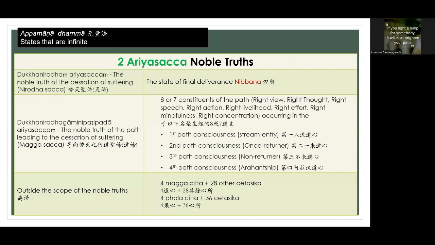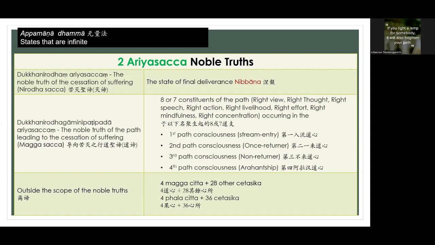So, under Magga sacca, we get the 8 or 7 constituents of the path that occur in the first to fourth path consciousness. So the 8 or 7 path factors that occur together with the 4 Magga Chitta, that is called Magga Sacca. And Nirodha Sacca refers to Nibbana.